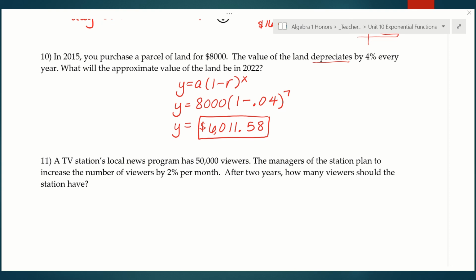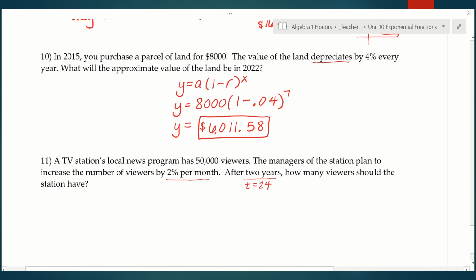Okay, so this is another one of those cases where your percentage is given in months, and we're being asked to figure it out after years. So we have to do a little conversion. We always want to convert to whatever the percent is going by. So 2% per month means I need to change my time into months. All right, so 2 years is 24 months, so T is going to be 24.